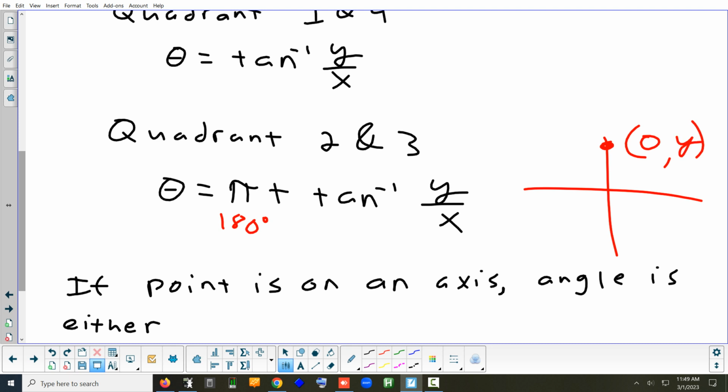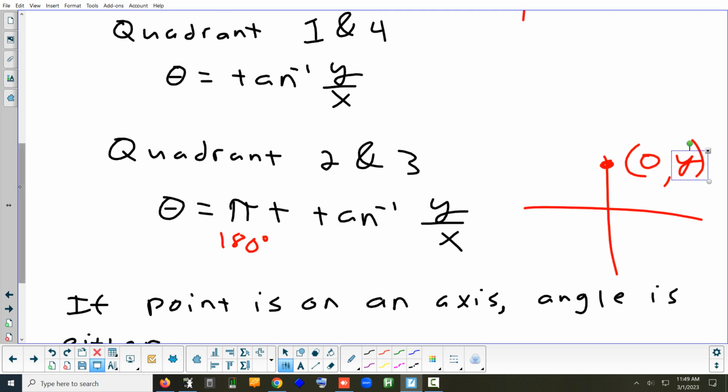Could be 1, it could be 20. But it's 0 comma something. And what would happen if you try to plug in those values into the inverse tangent y over x? It would be undefined, because you can't put in 0 for x.